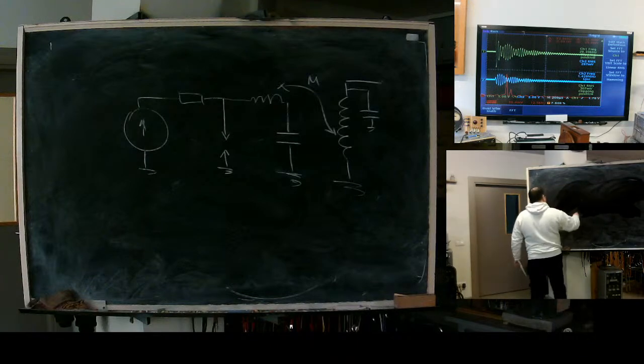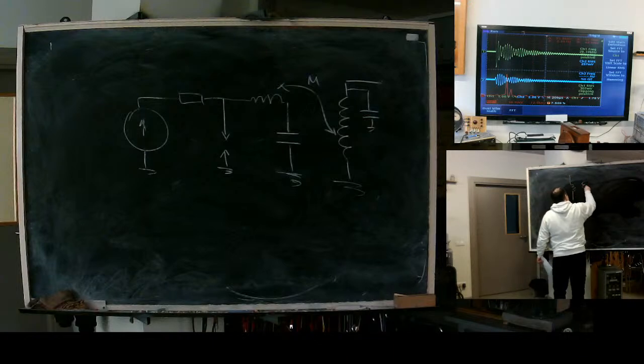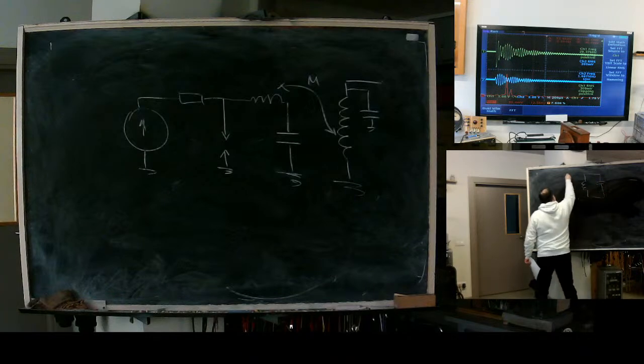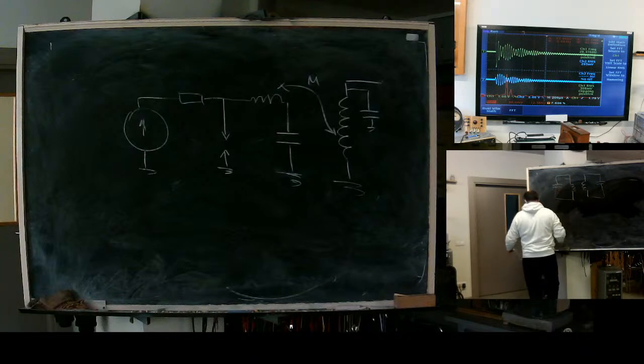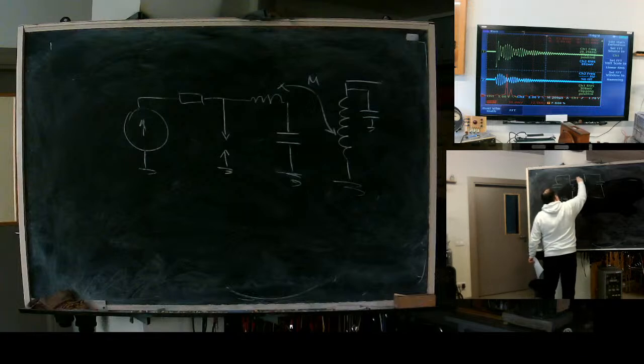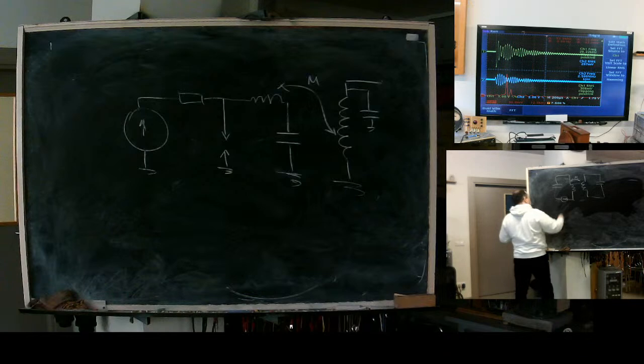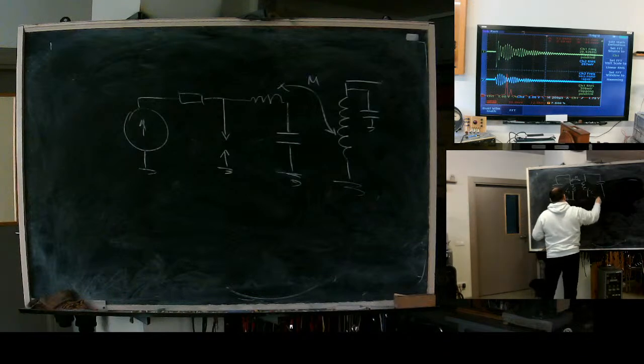So, the idea. I have, let's say, a pair of resonant contours. I need to put an energy source somewhere. Coupled by mutual inductance. This will be L1, L2.